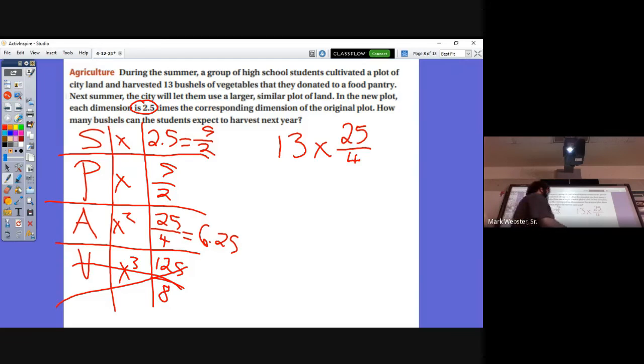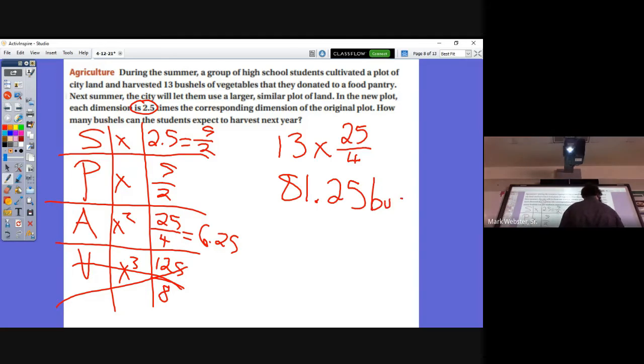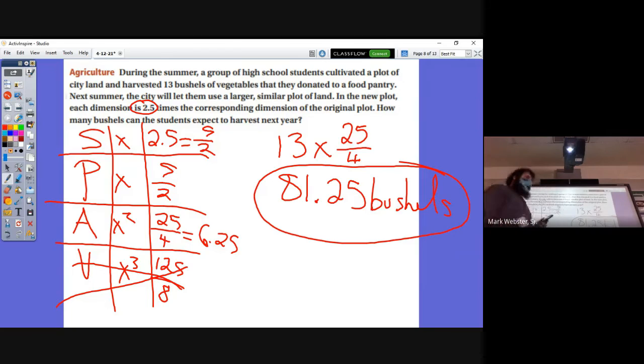Hey, I remembered something. 81.25 bushels of vegetables.